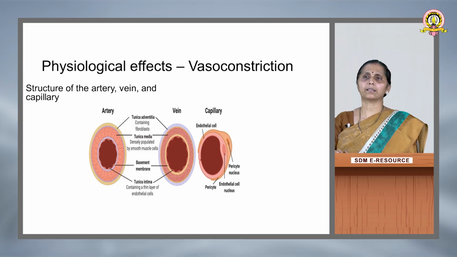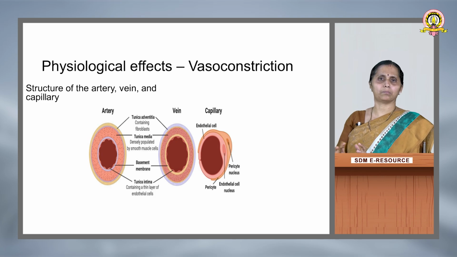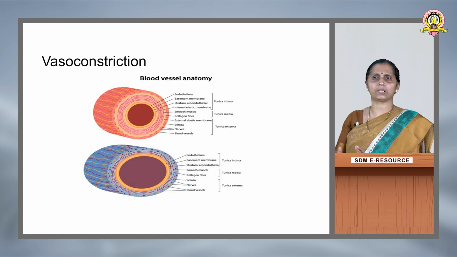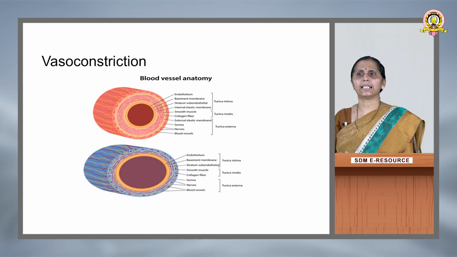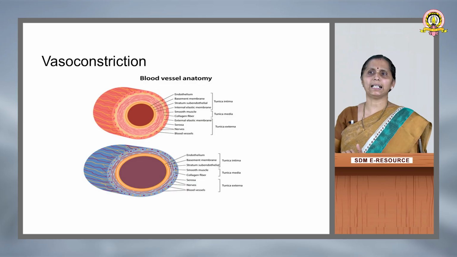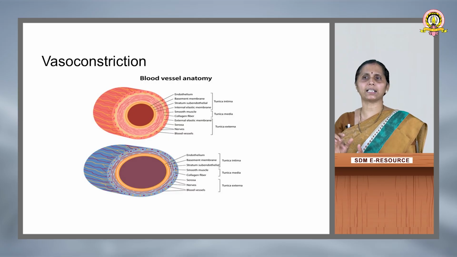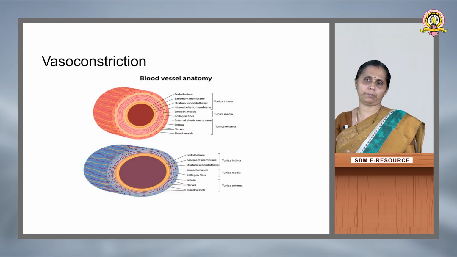If we compare the structure of the blood vessels, artery and vein, we can see that in the tunica media, the artery has more smooth muscle, thicker smooth muscle with more collagen fibers.